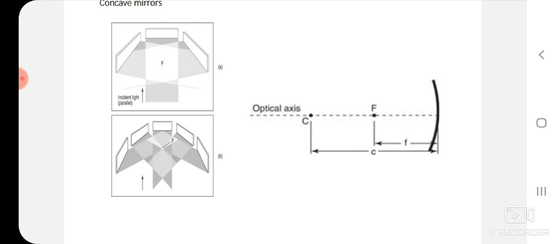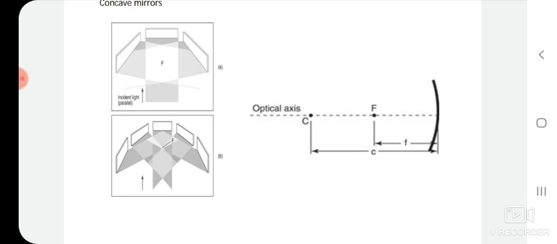Therefore, these rays are: first, the ray directed parallel to the optical axis, as we see here, the optical axis denoted with a dotted line.